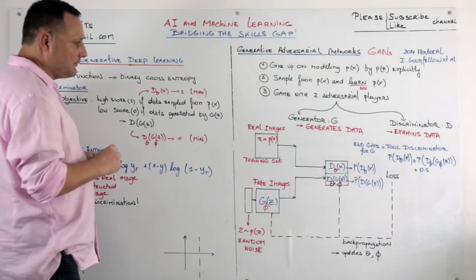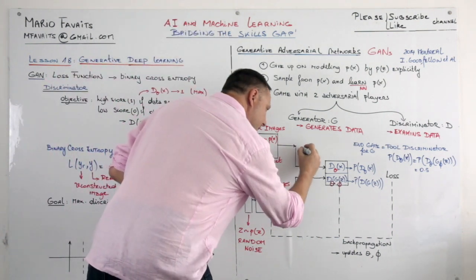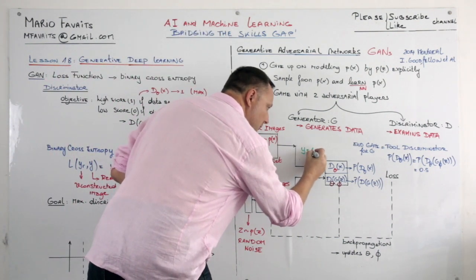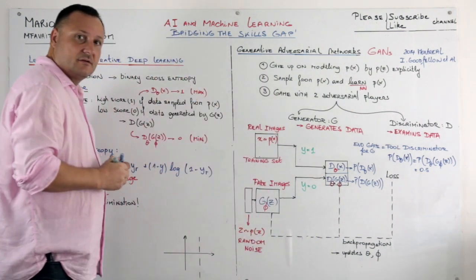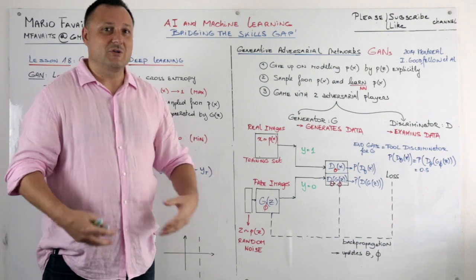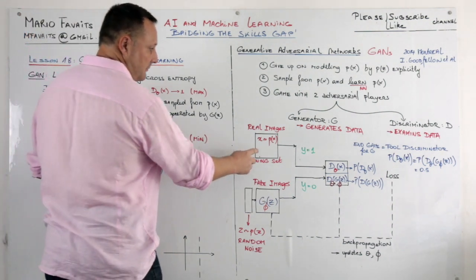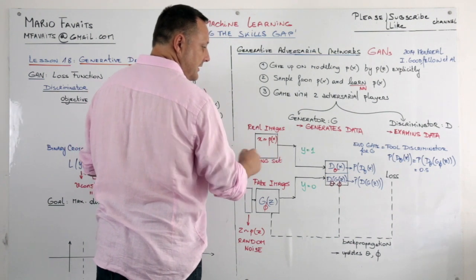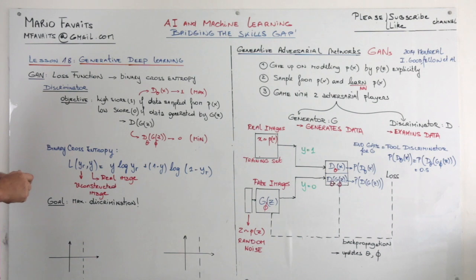So intuitively, what is going on? Well, basically in your classifier, this is the y equal to 1 class, and this is the y equal to 0 class. So if the image comes from the generator, it's fake. And if the image comes from this distribution, it's a good image. Alright, so what is the objective of the discriminator?